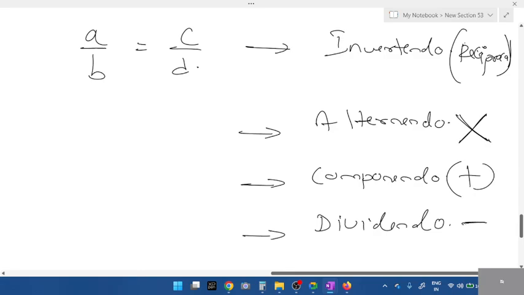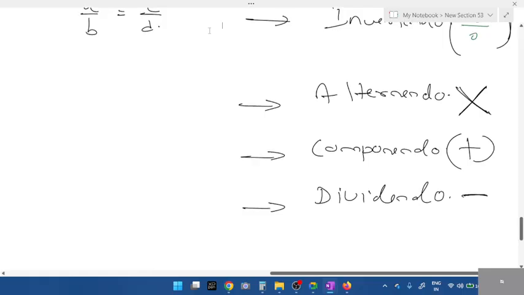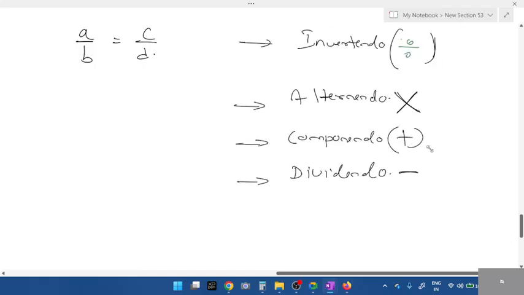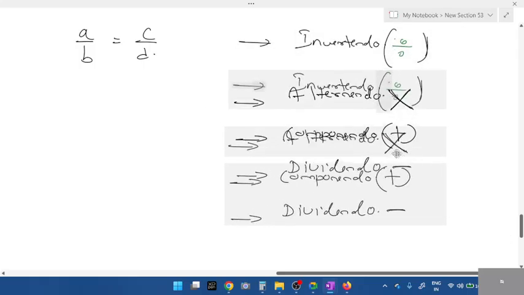Dividendo is subtraction. Fine. Addition, subtraction. Invertendo, remember, is like division, reciprocal or division. These are the 4 basic concepts. MCQ they can ask however they want. Remember these 4 concepts: invertendo, alternando, componendo, dividendo.